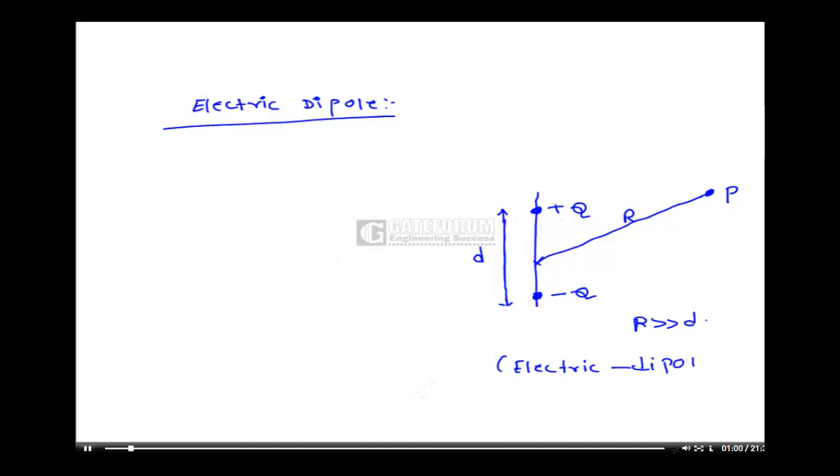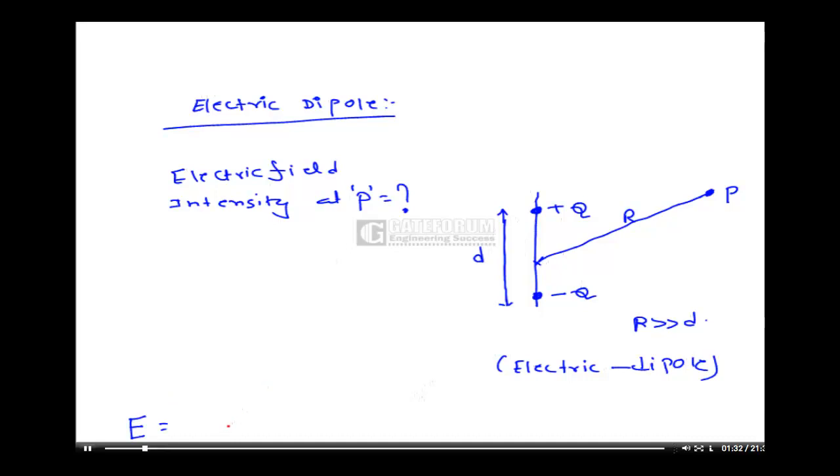So what is the electric field intensity at P? We want to calculate it because of this electric dipole. Here I am giving the expression directly; I am not going for the derivation of this. The same procedure we can apply that we discussed for the previous problem.